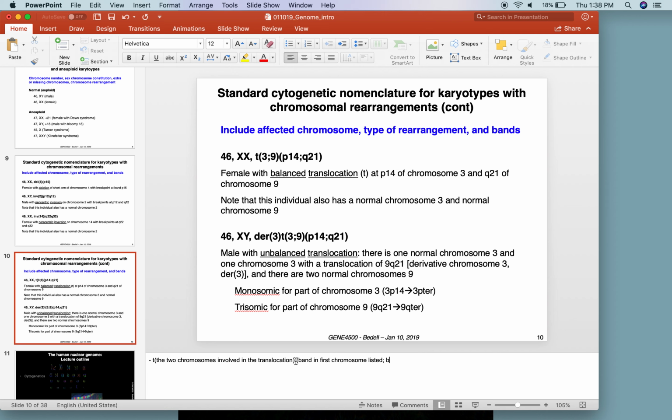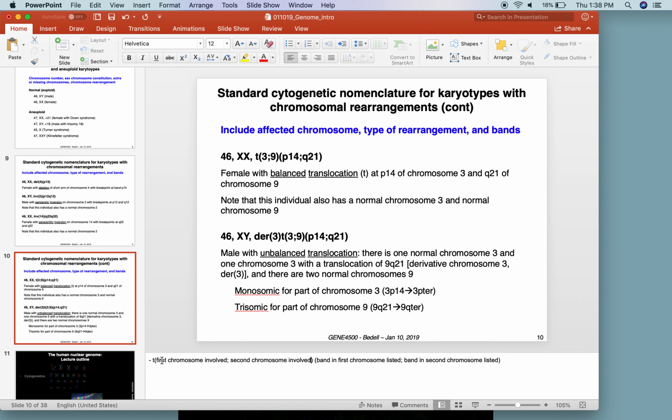Now this is unbalanced. So derivative, DER, and I don't know the official definition for this, but to my mind this refers to a derivative or derived chromosome. This is a chromosome that has that derived chromosome 3.